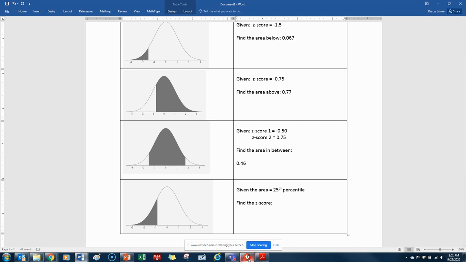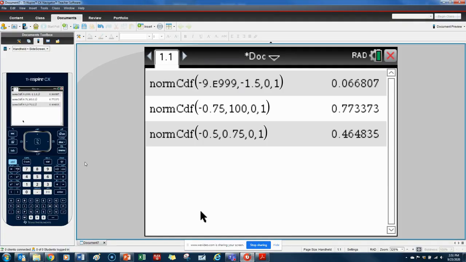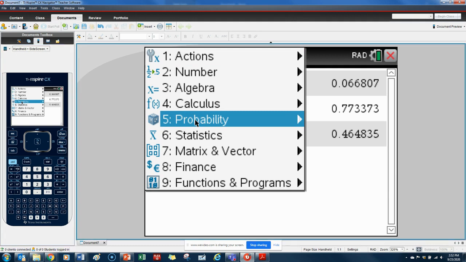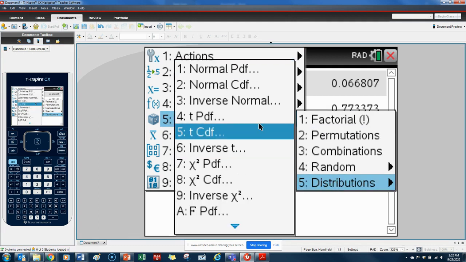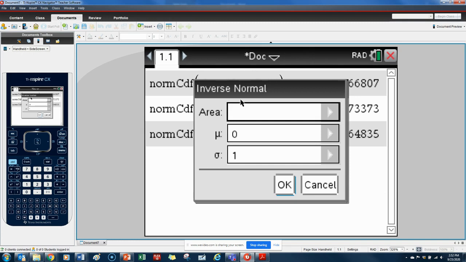So again, we go to our TI Nspire, but this time now, again, let's go probability distribution. But this time, we are going to be doing the inverse of what we did before. So it's going to be inverse normal CDF, and right now we are given the area.